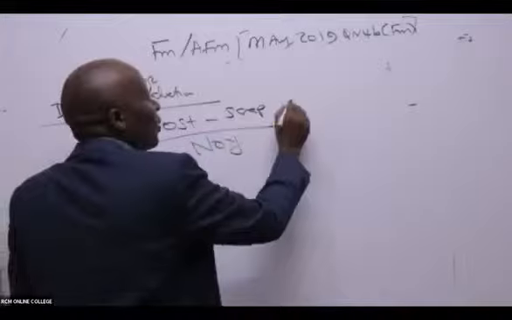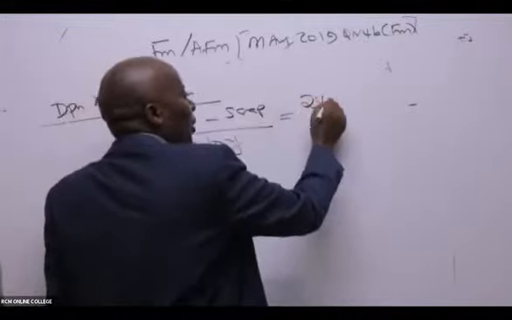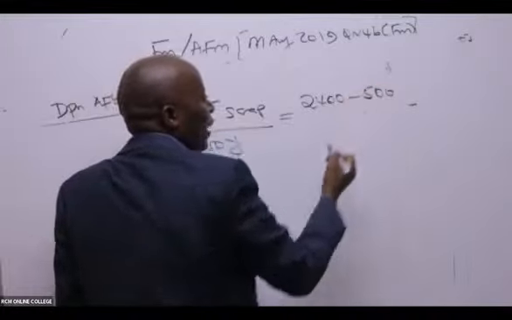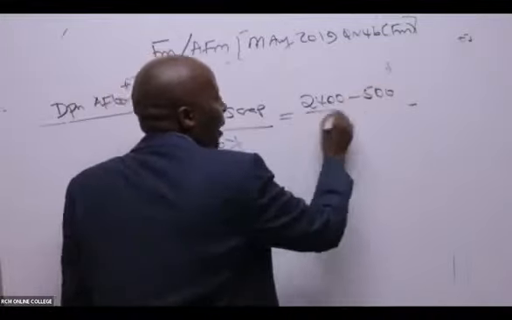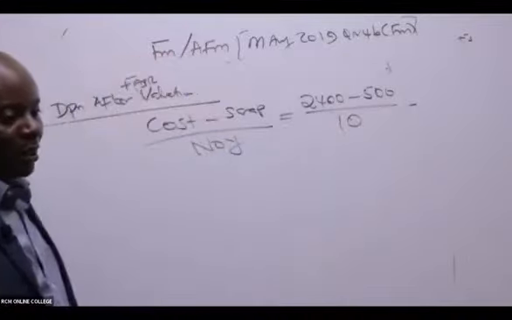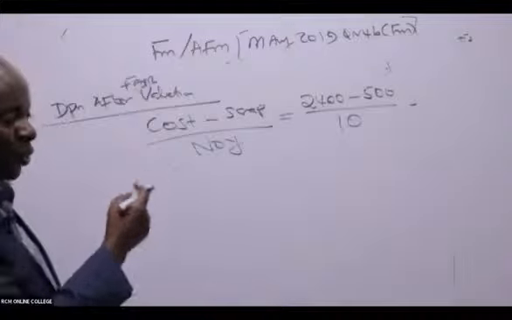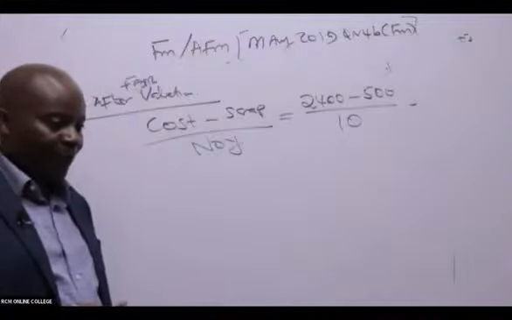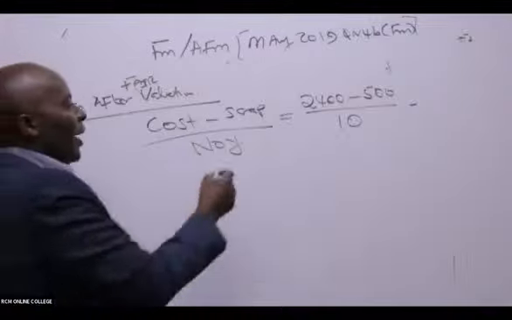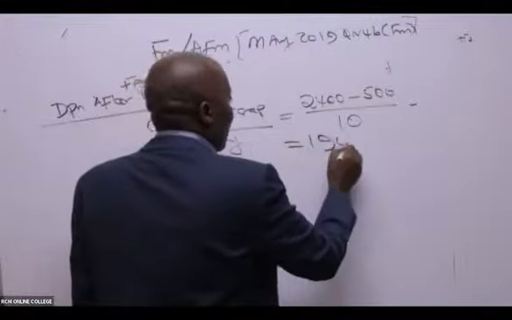The cost will be this net book value of 2,400, scrap value is 500, divided by these additional years, which are 10. They're giving me a figure of 190.